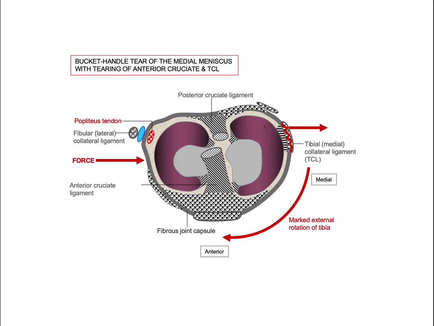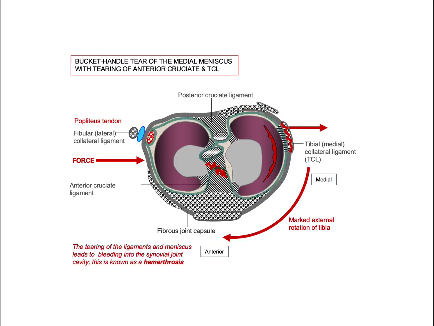We have explained it. And now, when there is a rupture, blood vessels will rupture. As a result of that rupture, within the synovial cavity, the synovial fluid is now filled with blood.